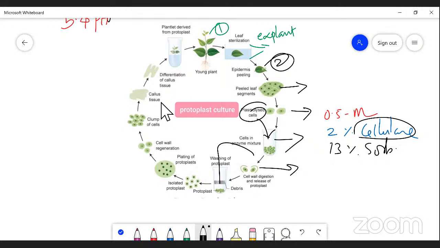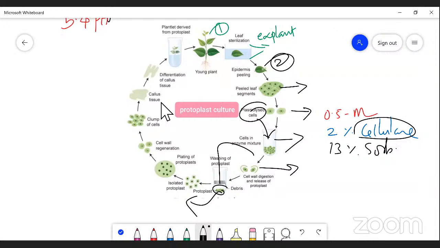After washing, the dust particles are taken out from the protoplasts, and the isolated protoplasts are released from the test tube. The protoplasts are copied, or made into a number of copies.